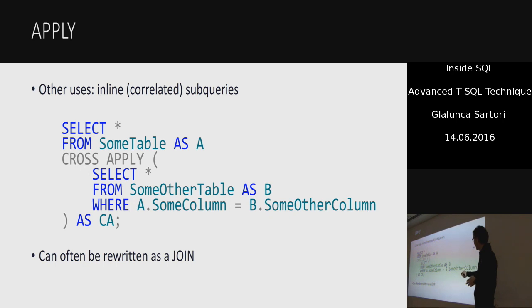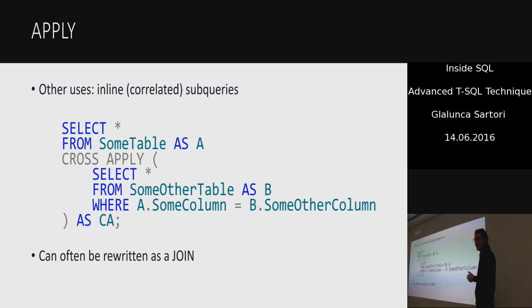And the anchor here, the correlation, is done by using columns of the input set. This can often be rewritten as a join, and in fact what the optimizer will end up doing in most cases will be reordering this kind of query as if it was written as a join.